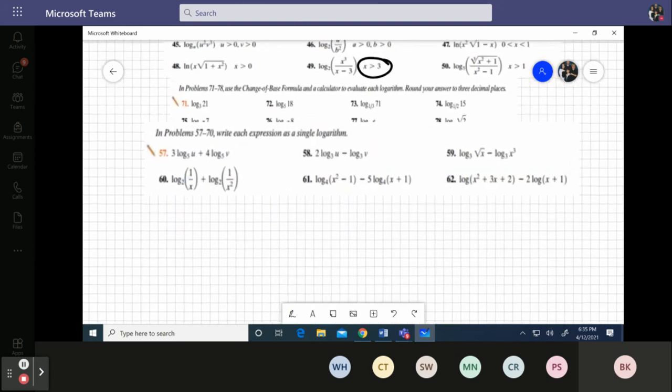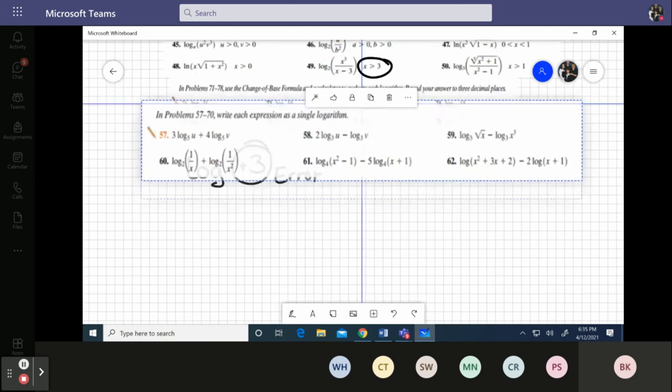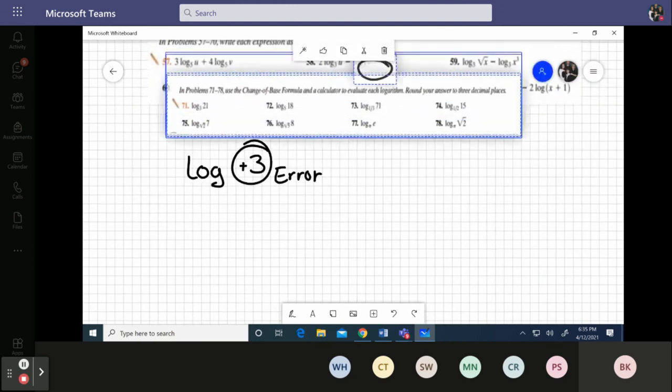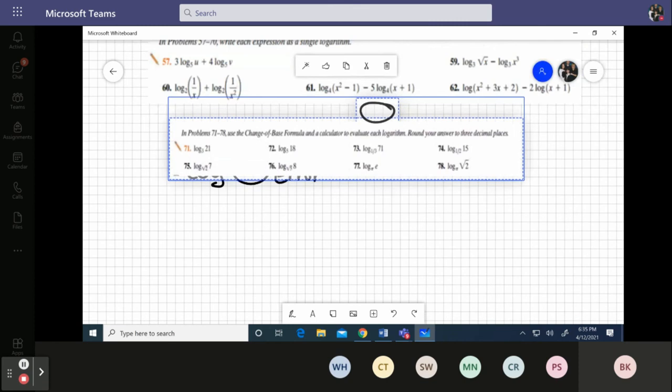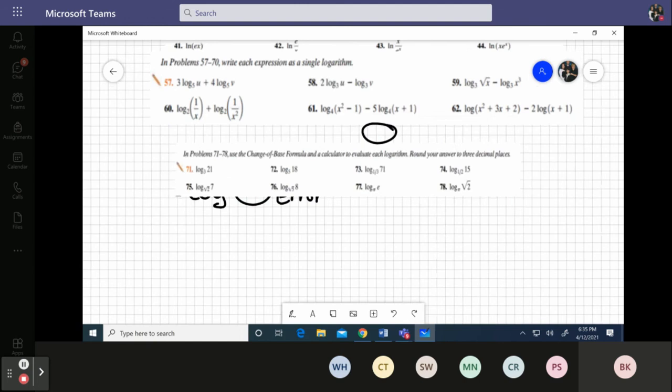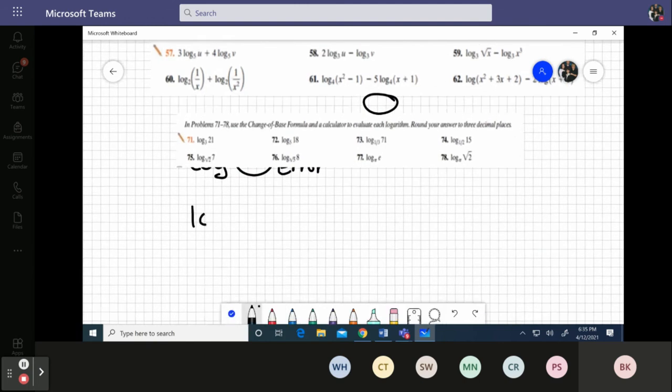Now, again, when I punch into the calculator and I hit log of 10, it's giving me a base 10. I can't do this problem. I can't punch in, make that 10 down here a 3. So I've got to use my change of base formula.